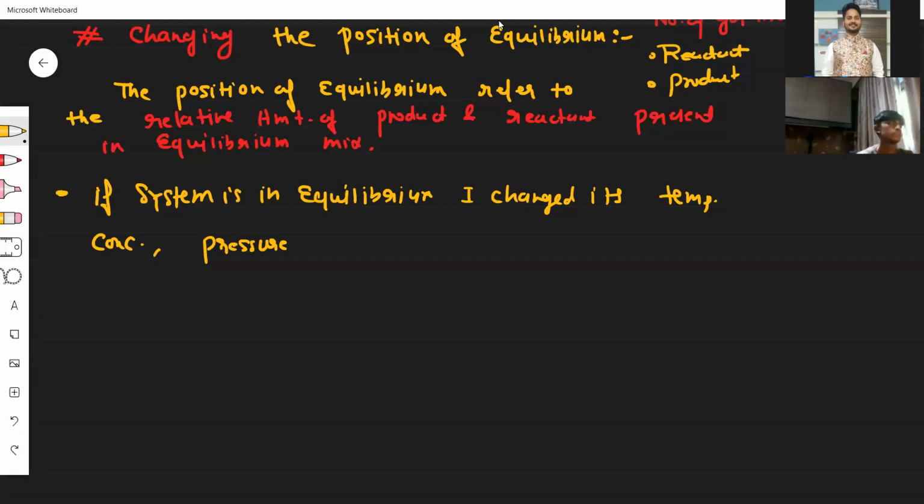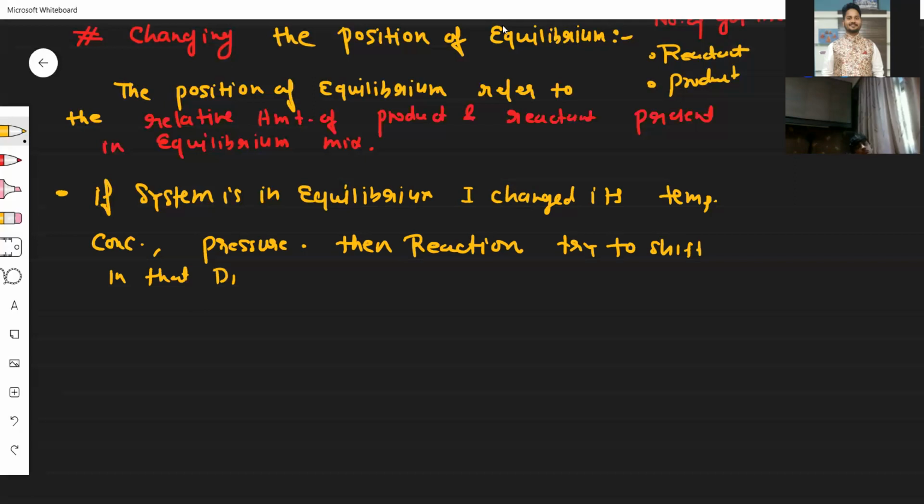The reaction tries to nullify the effect of the change we are making. So if the system is in equilibrium and I change its temperature, concentration or pressure, the reaction tries to shift in that direction where the change is nullified.